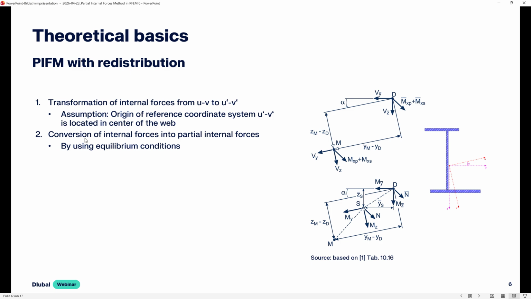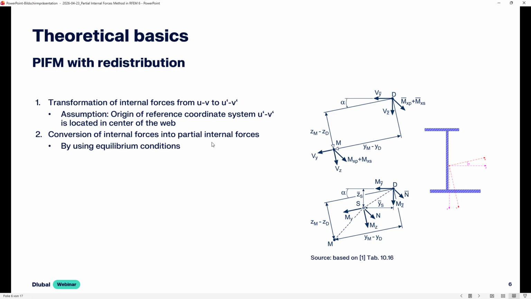And this next step would be the conversion of internal forces into partial internal forces. And this is also the clue of this whole method, the point that gives this method its name, because it's named partial internal forces method. And here we calculate these partial internal forces.